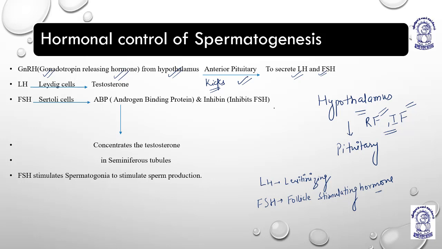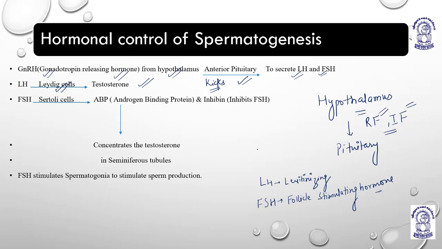Now the luteinizing hormone LH is needed by the interstitial cells, or the Leydig cells, to produce testosterone. So basically luteinizing hormone has a function to activate the Leydig cells so that they can produce testosterone hormone, which is actually needed.